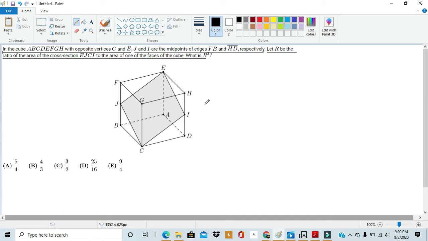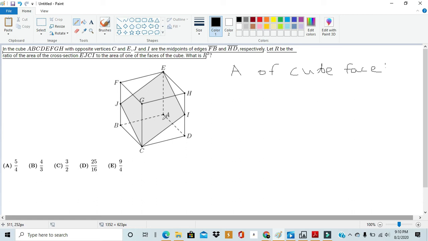So since we're asked to find a ratio here of EGCI to the area of one of the faces of the cube, to make the problem much simpler, we can just think of the area of one of the faces of the cube as 1. If we take the area of one of the cube's faces as 1 and label all the lengths and areas as such, we just need to find out what the area of EGCI would be when the area of one of the faces of the cube is 1.